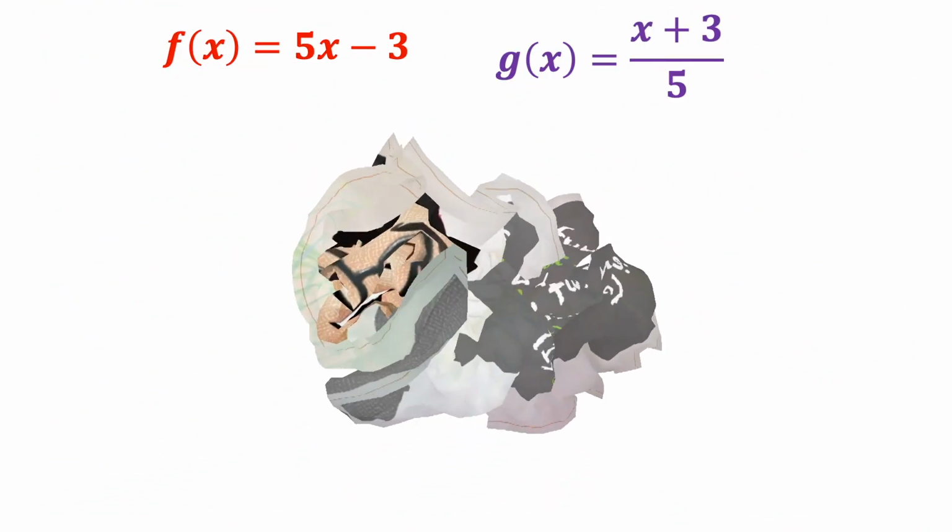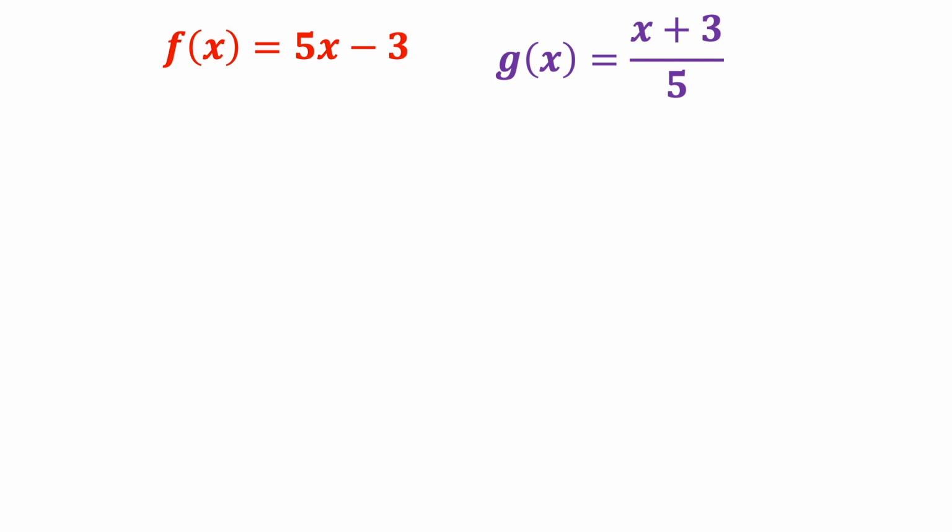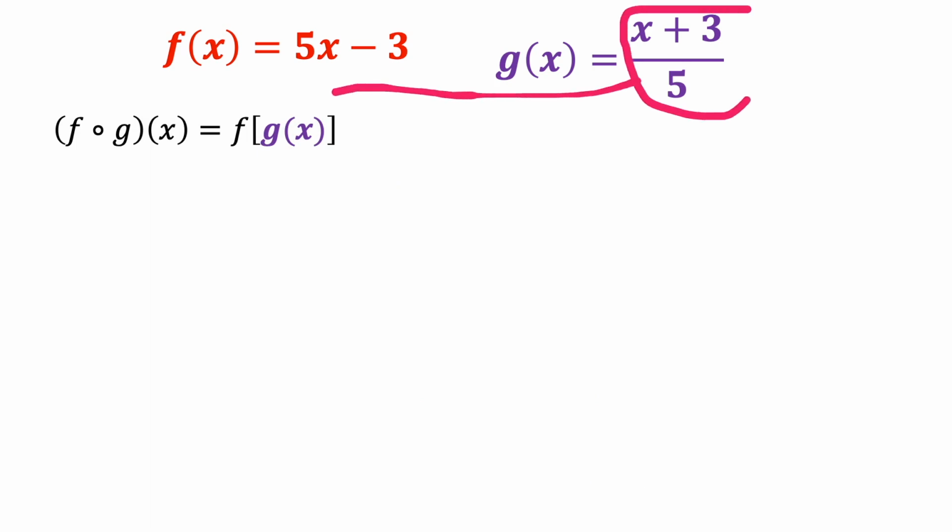Let's start with the first composite function denoted by f circle g of x. I will replace the g of x by its equation x plus 3 all over 5.